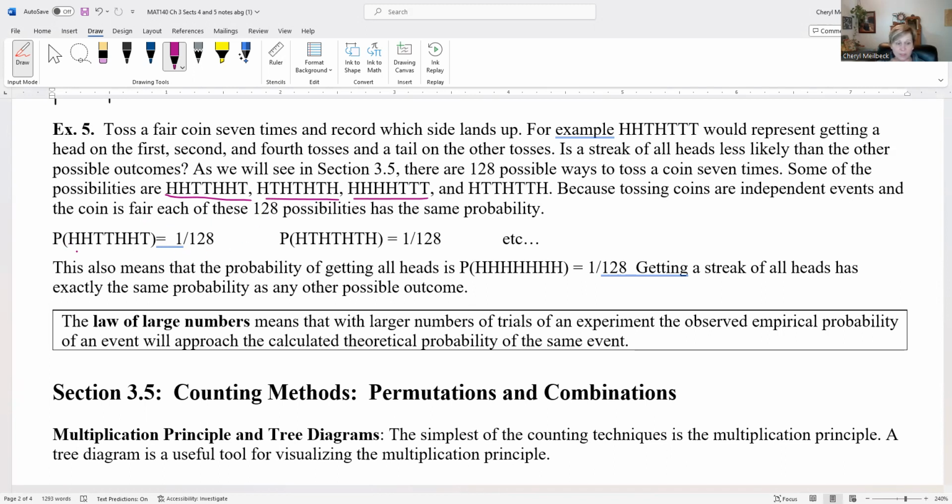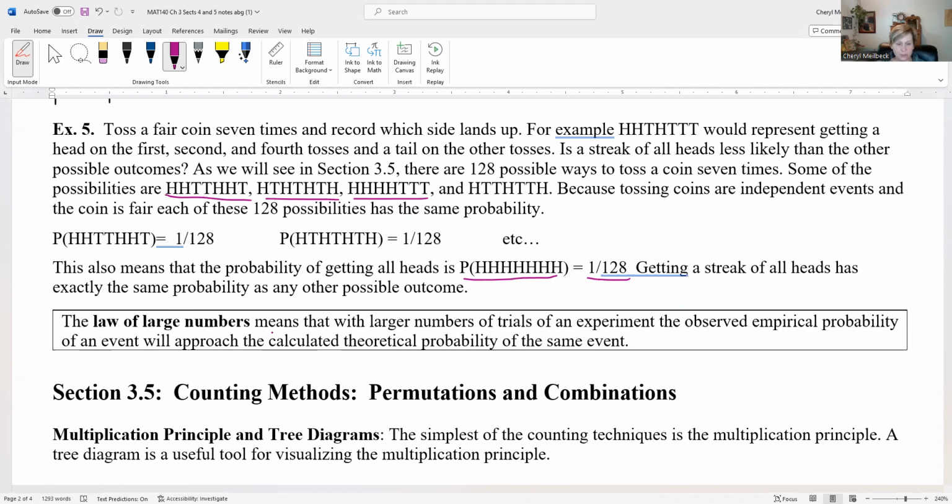That means that the probability of getting HHT is 1 over 128. And so is this combination, which also means that the probability of all heads is the same probability, 1 over 128. So getting a streak of all heads has the exact same probability as any other one possible outcome.